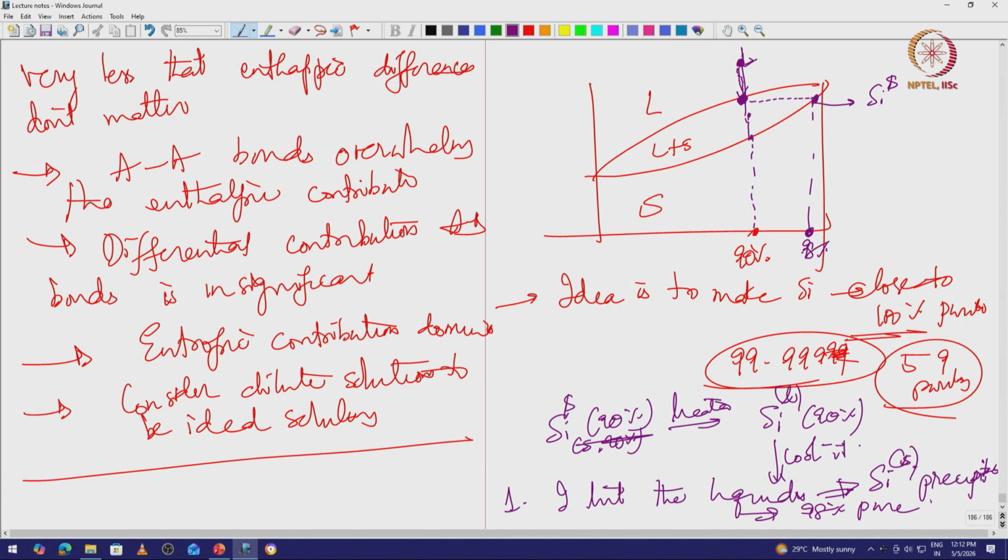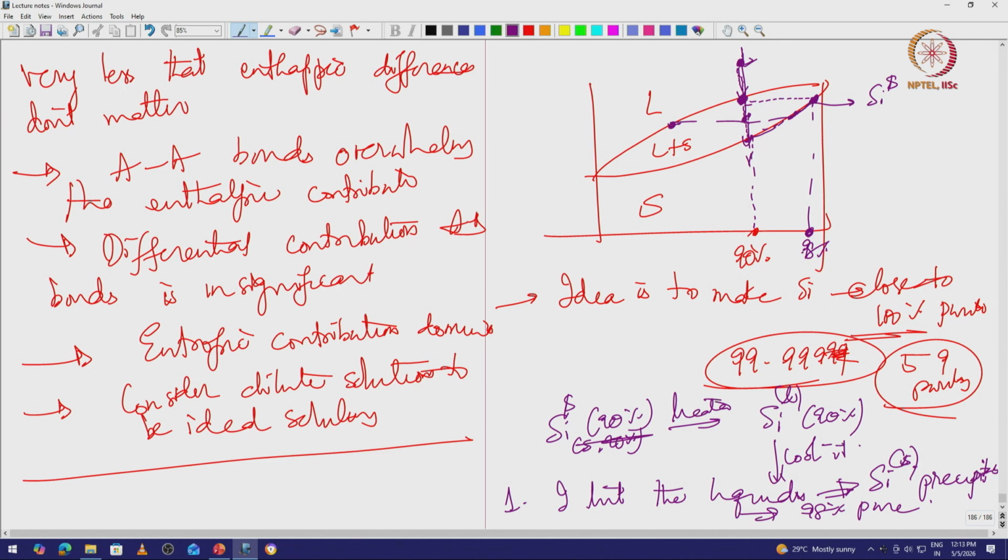But if I start cooling it down even further, silicon starts becoming more and more impure. The liquid composition is this, the solid composition is this, but as I keep on cooling it down, I come back to the same silicon that I started with, 90% pure. I have made silicon transiently more pure.